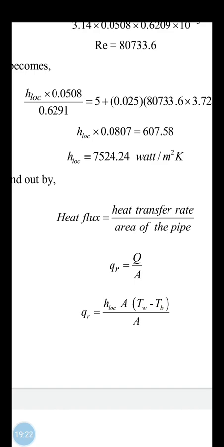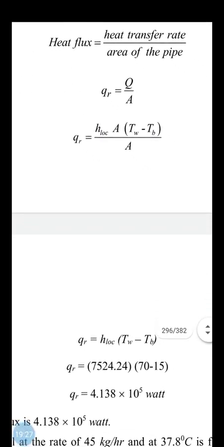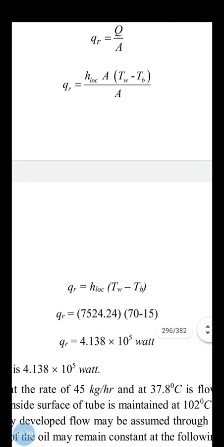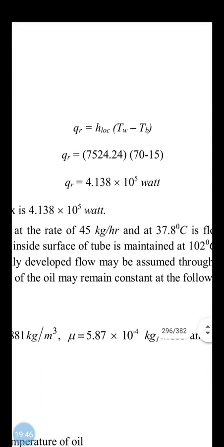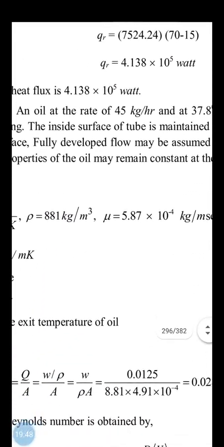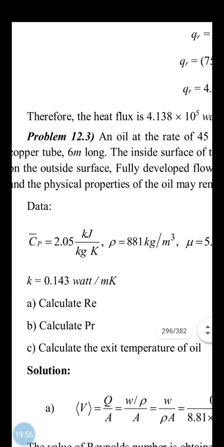So Q by A is equal to h local into A into (Tw minus Tb) by A. So q becomes h local into (Tw minus Tb). Putting in the value of wall temperature, fluid temperature and h local, you can find out the heat flux, which is equal to 4.138 times 10 raised to 5 watt. So this is how you can find out the value of heat flux.